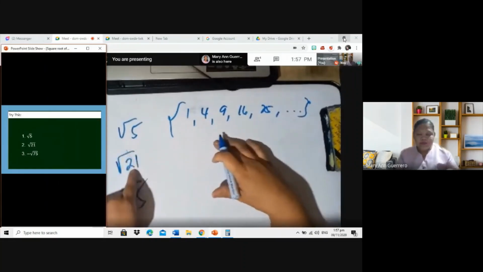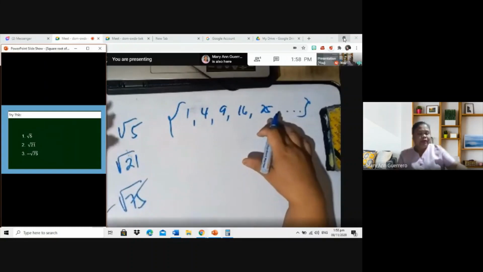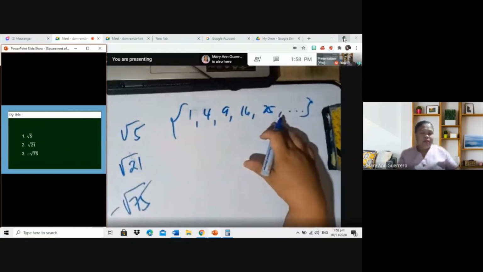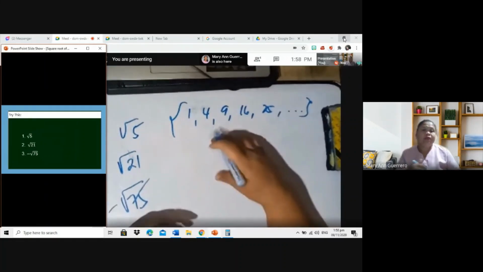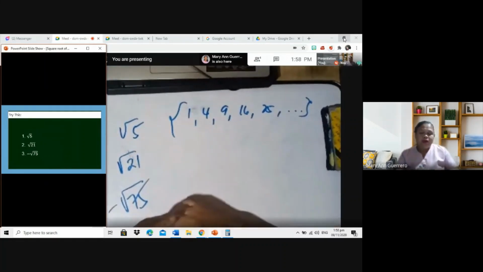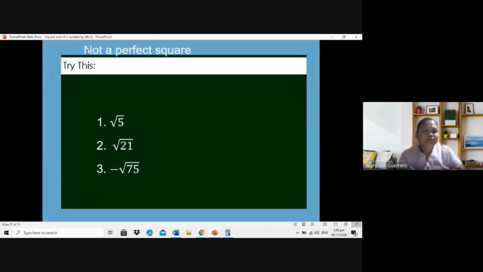Same with 21. This is not a perfect square. 75 is not a perfect square. So, for this problem, since we cannot get the exact value, we can only approximate. So, how to approximate the value of not perfect square number?